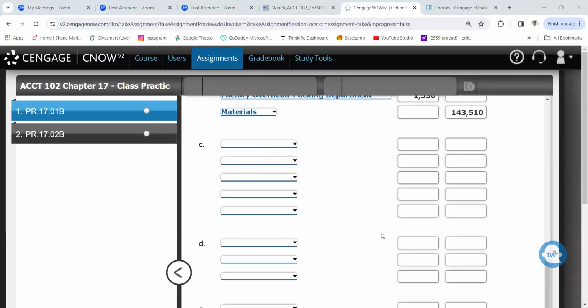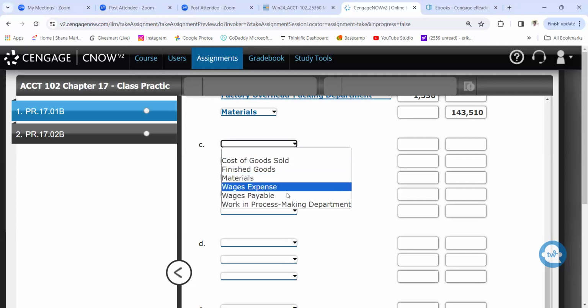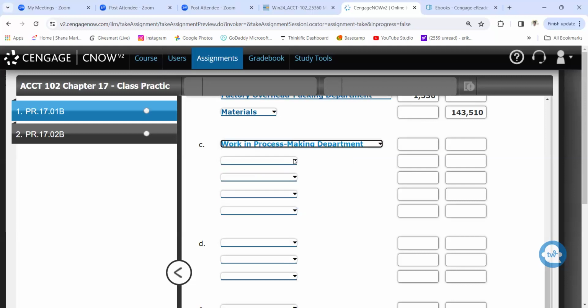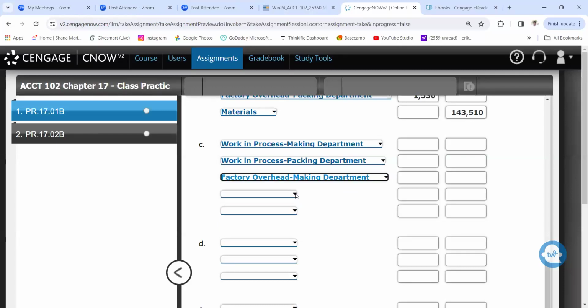All right. Letter C, labor. So the same thing. Direct labor goes in by way of WIP, and indirect goes by way of factory overhead. So we got direct labor for making, we have for packing, and then for making indirect and for packing indirect. So let's get these numbers: 32,400, 40,900.